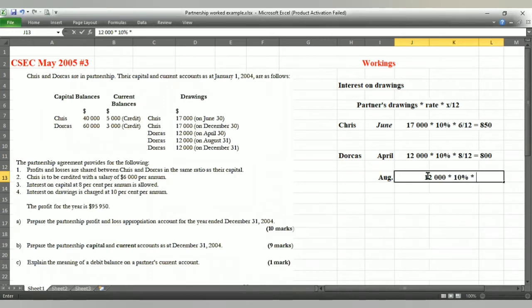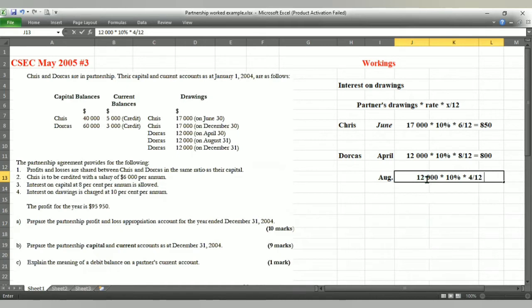We cannot count August because this was taken at the end of the month. So we begin from September down to December, which is the end of the accounting period. That would give us 4 months out of the 12 months for the year. So we multiply that by 4 divided by 12.